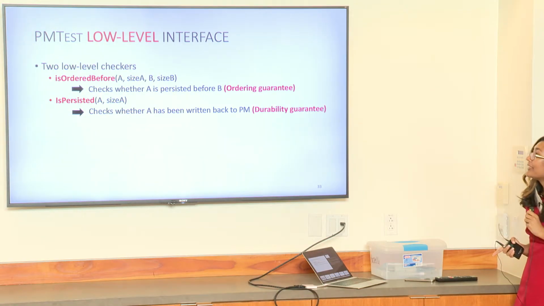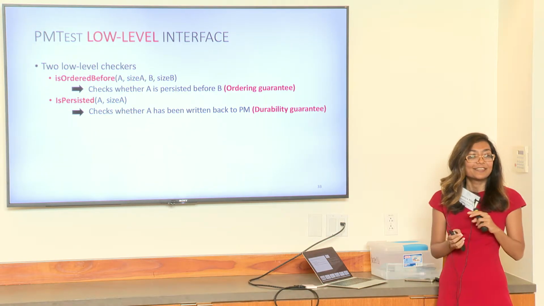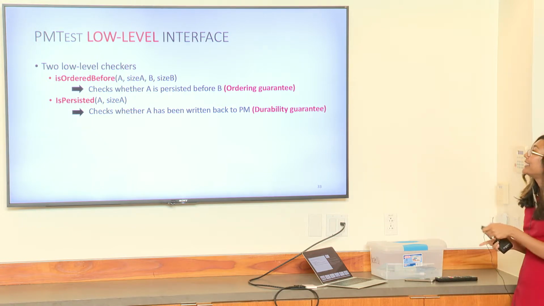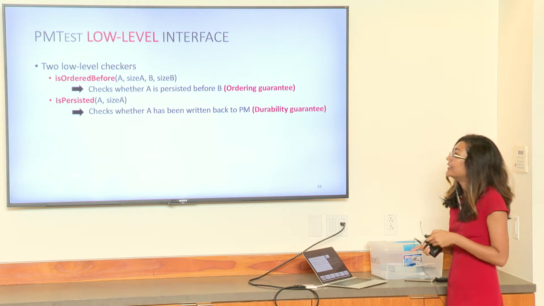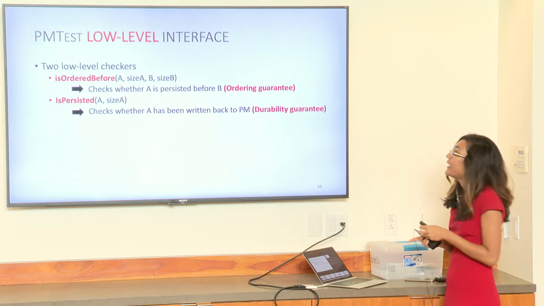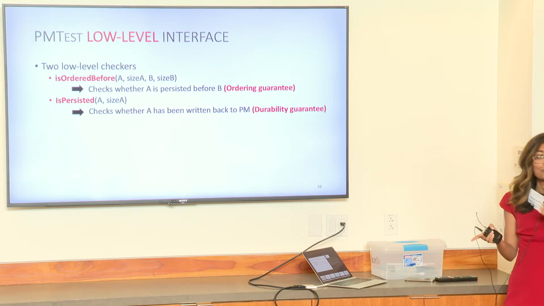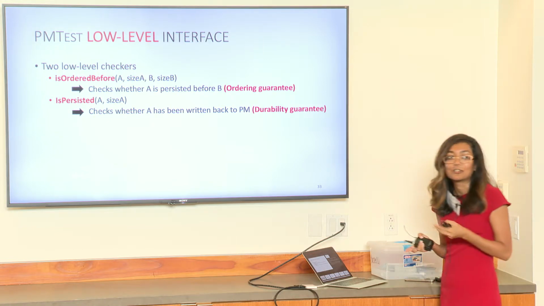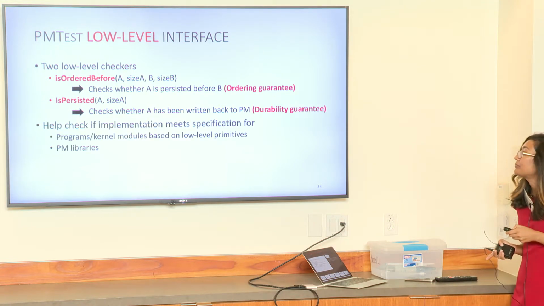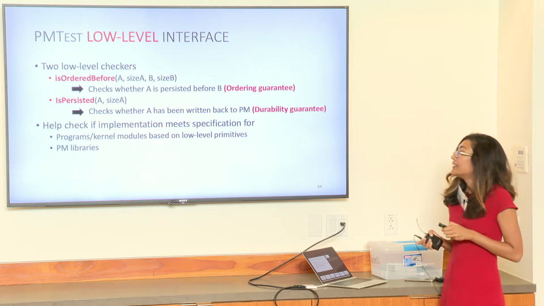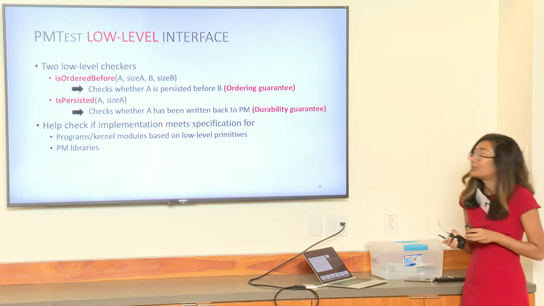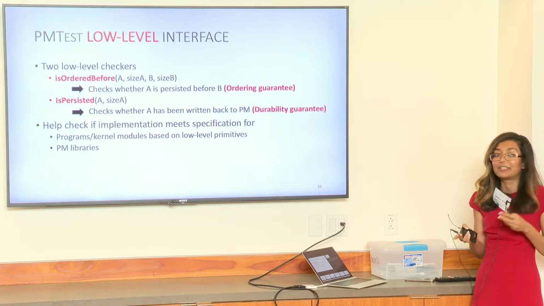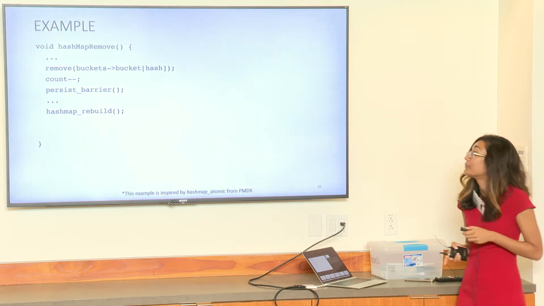For the low-level interface, there are just two checkers, corresponding to durability and ordering guarantees. We can check if A is ordered before B, and we can check if a memory location has persisted or not. This helps us check programs written on low-level primitives like flushes and barriers.